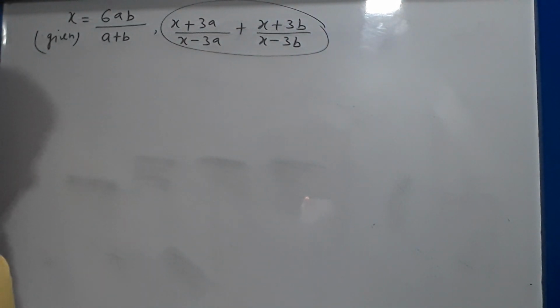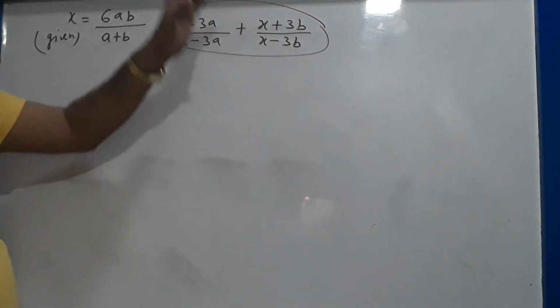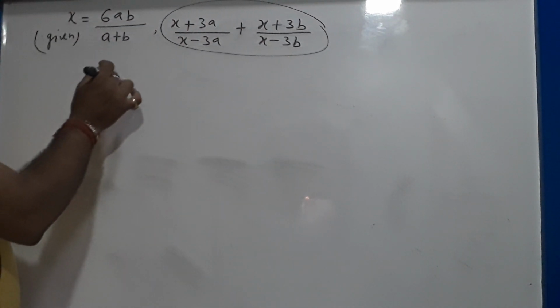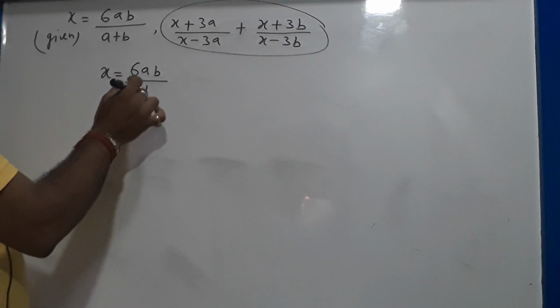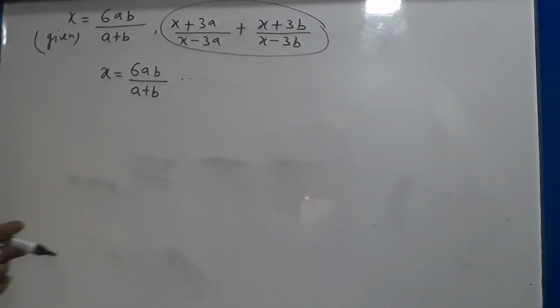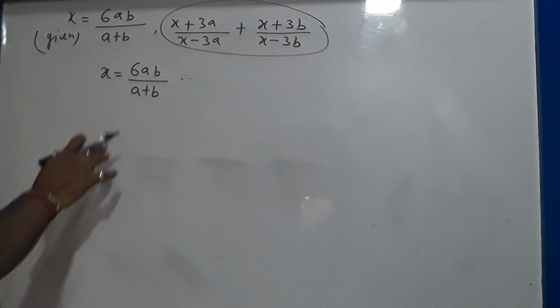x is 6ab upon a plus b. Find the value of x plus 3a upon x minus 3a plus x plus 3b upon x minus 3b. Chalo, let us solve this. x is 6ab upon a plus b. Correct? So what we do? We have to bring this 3a and 3b in the picture.